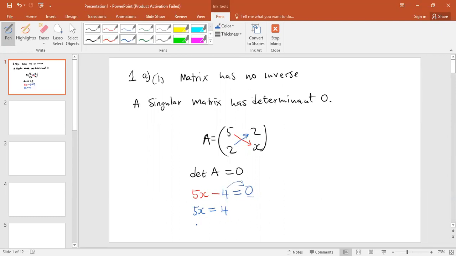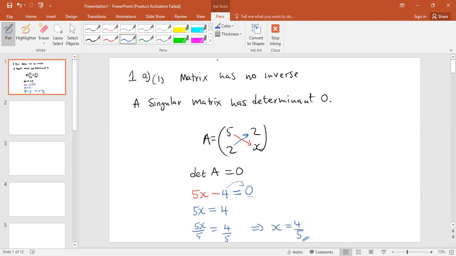Then the target is to make x the subject, so we divide both sides by 5. So the value of x is 4/5. That's how you go about the first question.